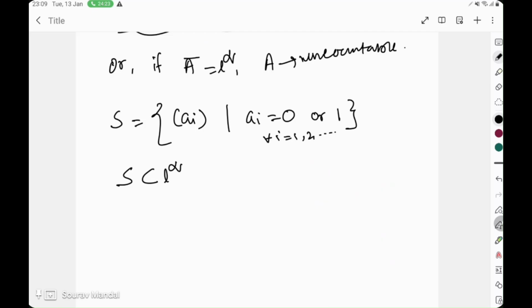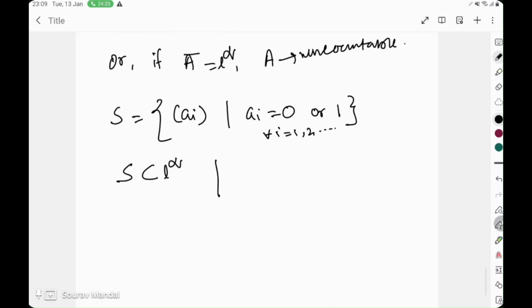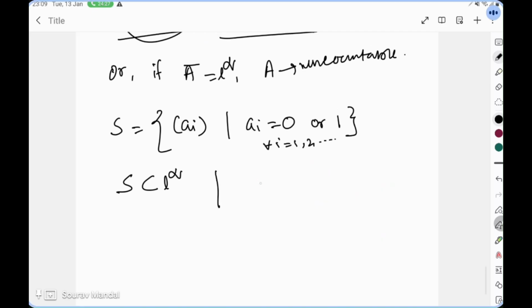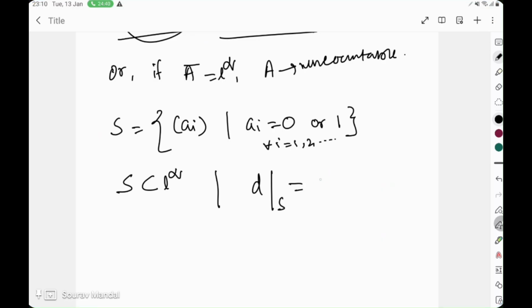Yes or no? Now, if you consider the D metric restricted on S, what will you get? The discrete metric.